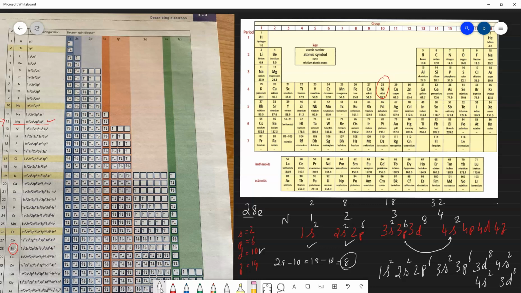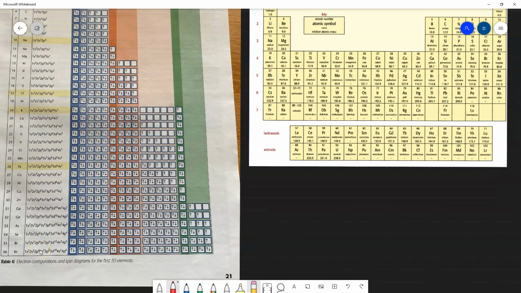Either way is fine. You can stick with this way. So compare with the result. We got exactly the same result.